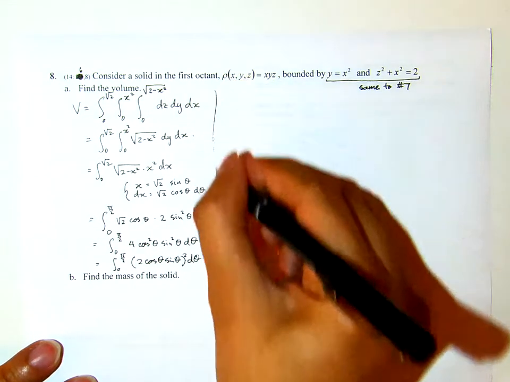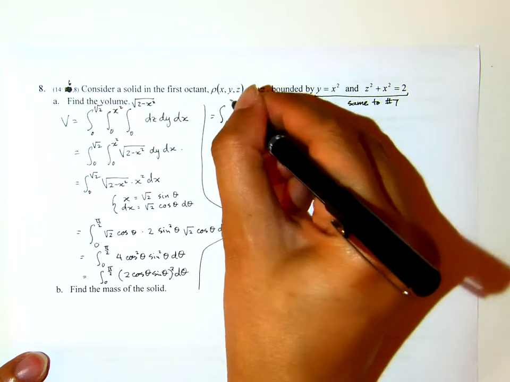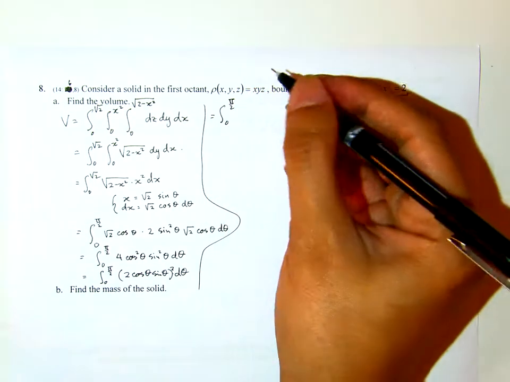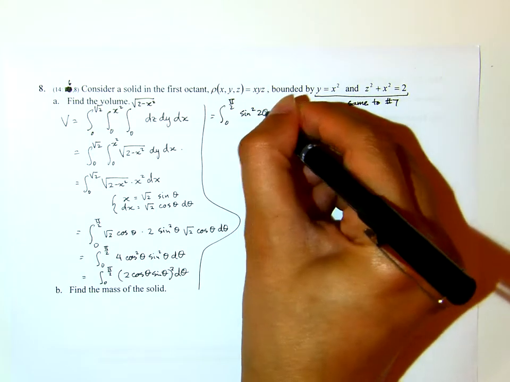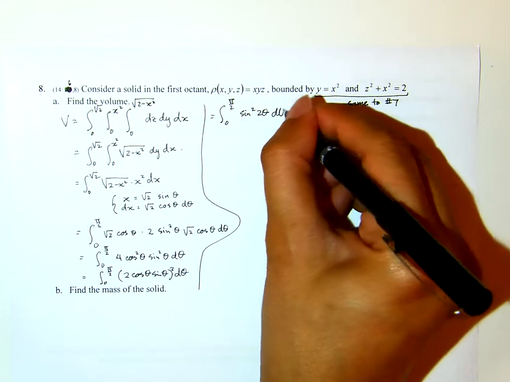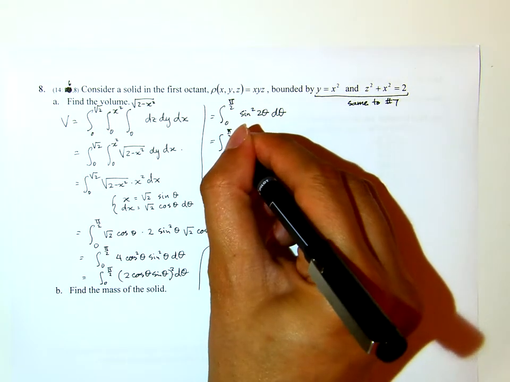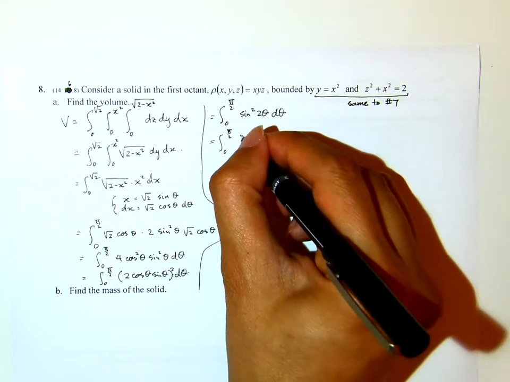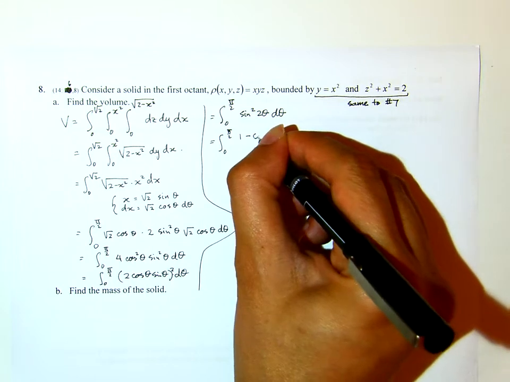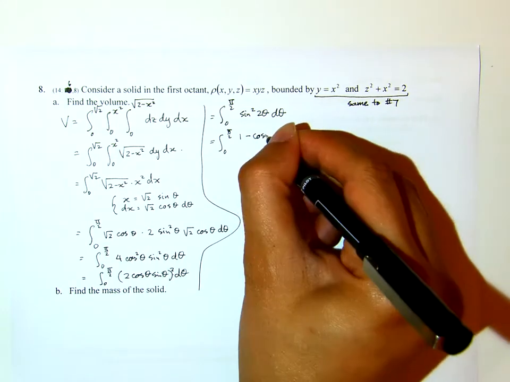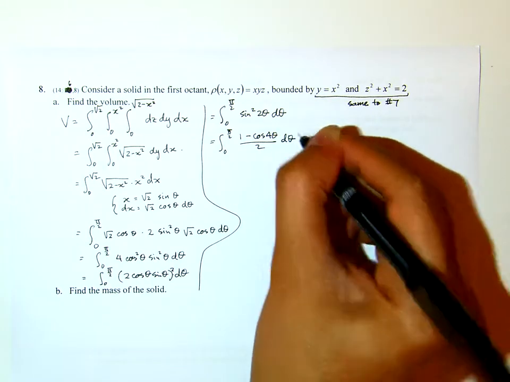This equals the integral from 0 to pi over 2 of sine squared 2 theta d theta. Now from here I do half angle. I hope you remember that. This is (1 minus cosine 4 theta) over 2 d theta.